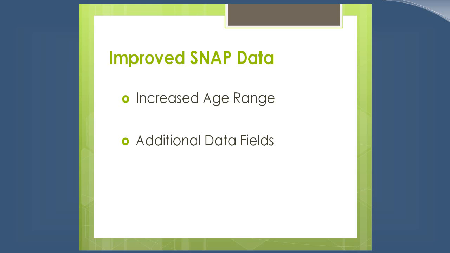Say your algorithm doesn't match on parent last name, but SNAP has that parent's last name, and they're able to flow that information back to you, and then you pass it through to a local.